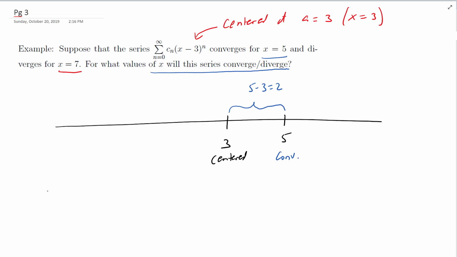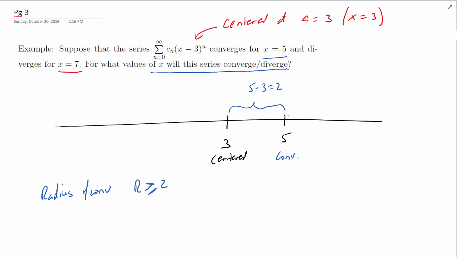So right now I know the radius of convergence is at least 2. It can't be any smaller. You cannot have a power series that converges for some numbers, skips some numbers, and then converges elsewhere. This interval of convergence has to be connected.